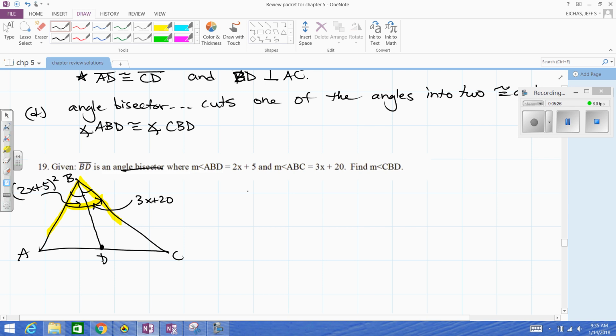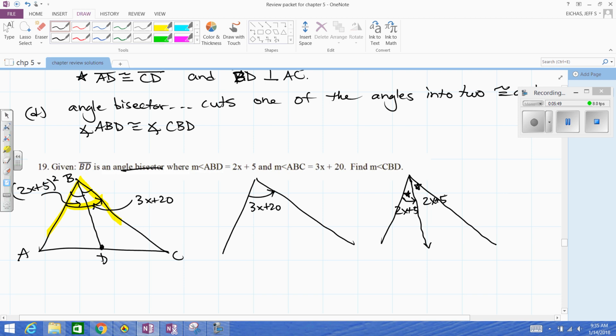So what we have is, let me just pull that out because it's tricky to see. The whole angle is 3x plus 20. However, when we put in the angle bisector, only from here to here is 2x plus 5. Well, since it's the angle bisector, this and this are the same. So I'm going to put another 2x plus 5 there.